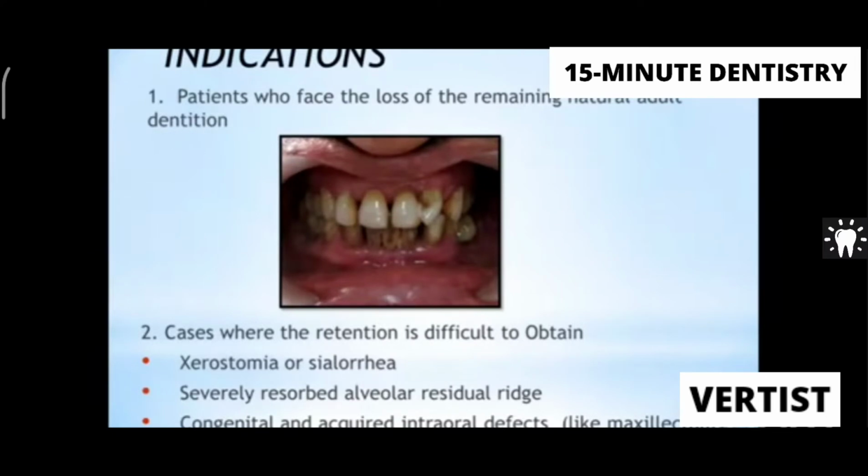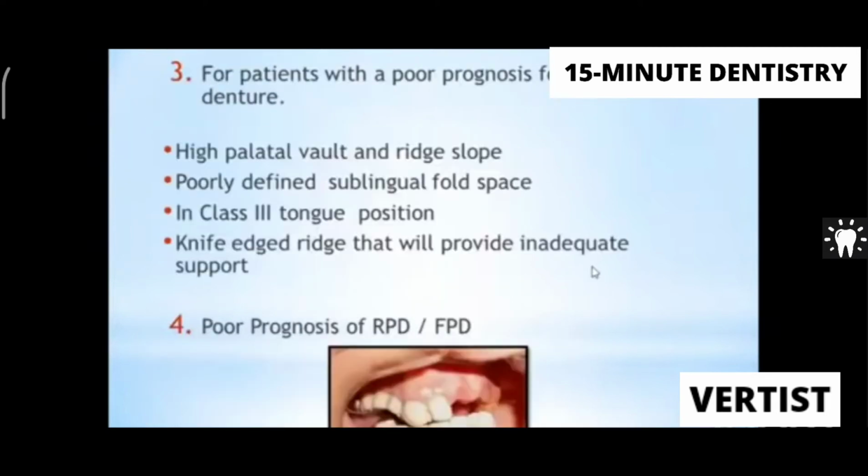Then there are the cases where retention of the denture will be difficult, like xerostomia, ptyalism, severely resorbed alveolar ridges, congenital and acquired intraoral defects like maxillectomy, hemimandibulectomy, cleft palate, right? Few patients might have a poor prognosis for complete dentures, specifically a very high palatal vault and ridge slope.